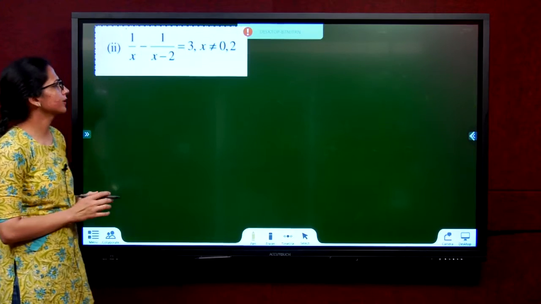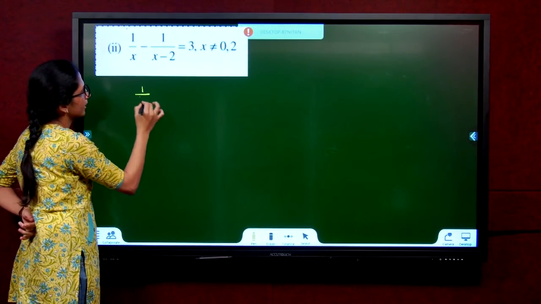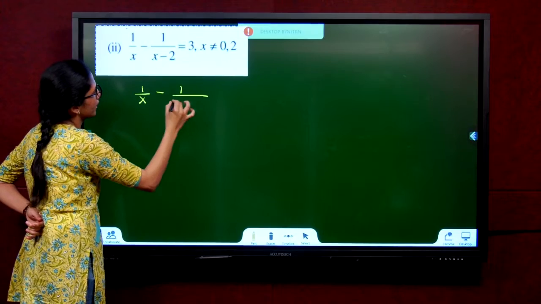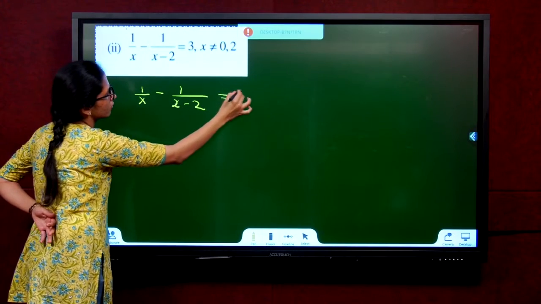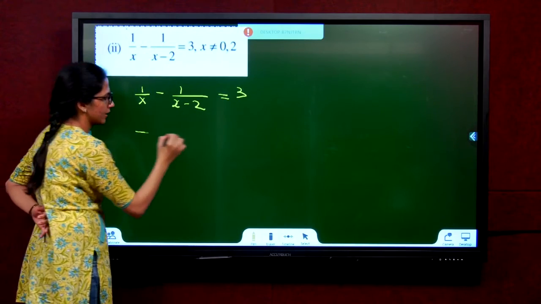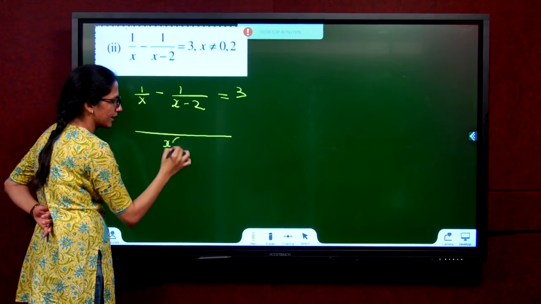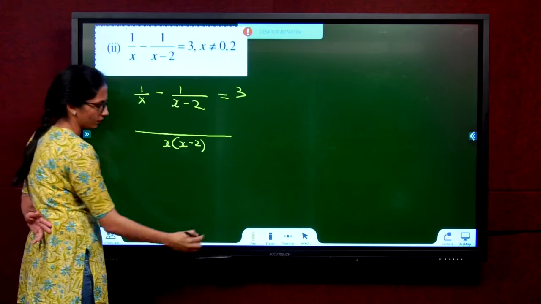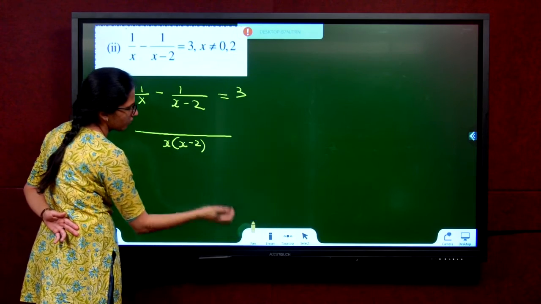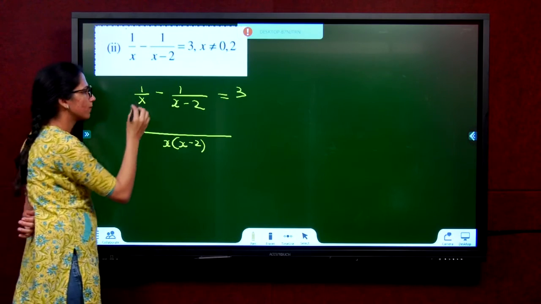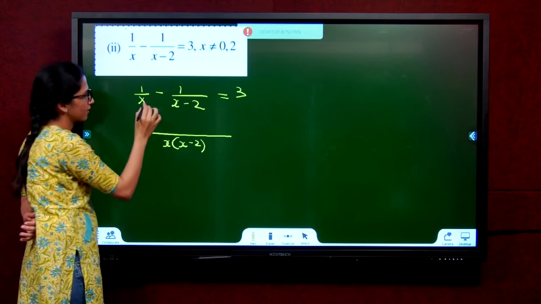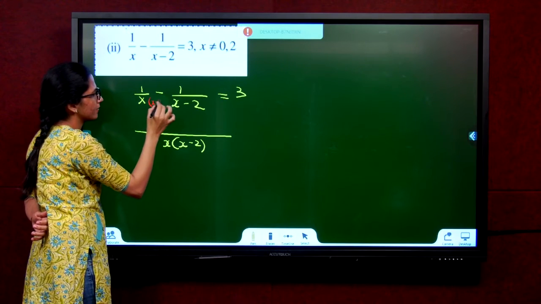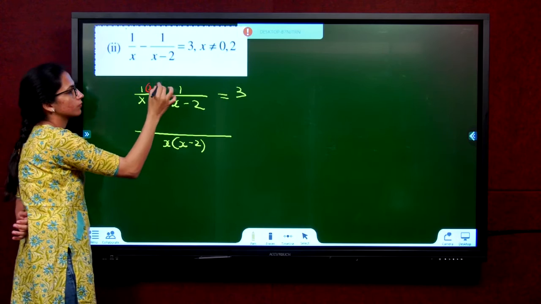So now solving this, 1 by x minus 1 by x minus 2 is equal to 3. First we take the LCM. LCM is x into x minus 2. Simply multiply the denominators. I want x into x minus 2, but this one has only x. So you multiply and divide with x minus 2.